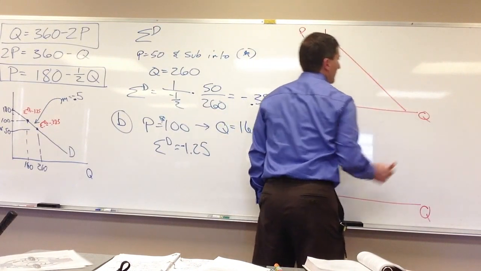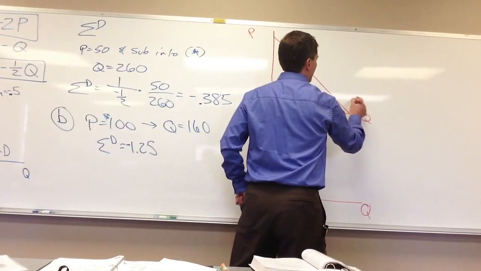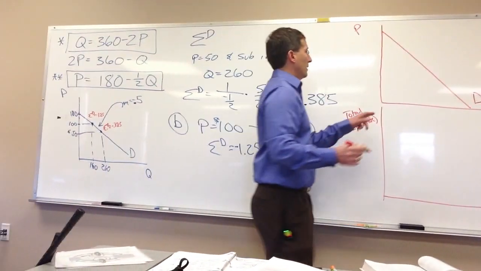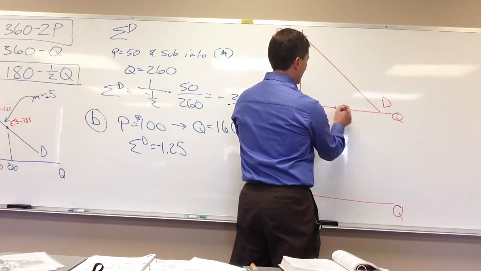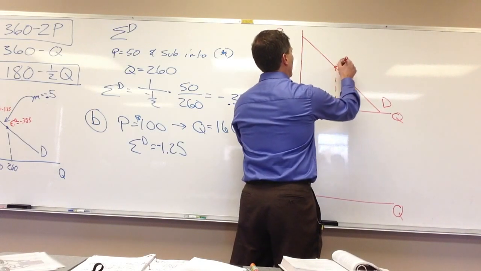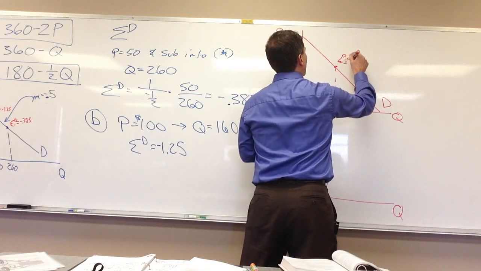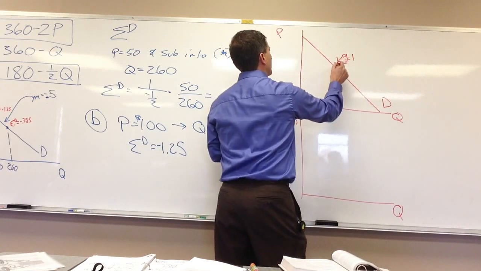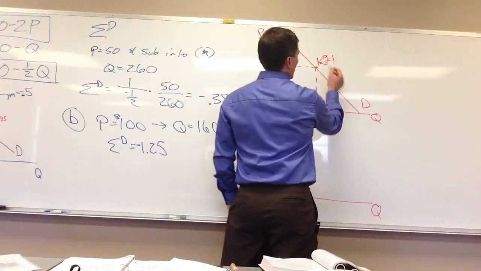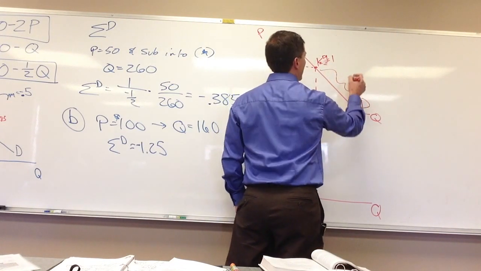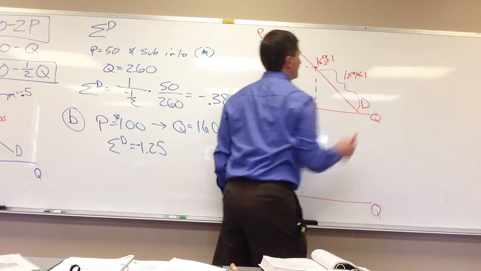Upstairs is the demand curve. If you take the midpoint idea here, roughly eyeball the midpoint, go straight up, that reflects the unitary elastic. I like to draw my absolute values around there. I don't think this textbook does that. Over this range of demand, the elasticity in absolute value is less than 1.